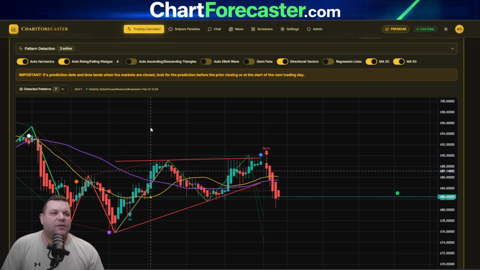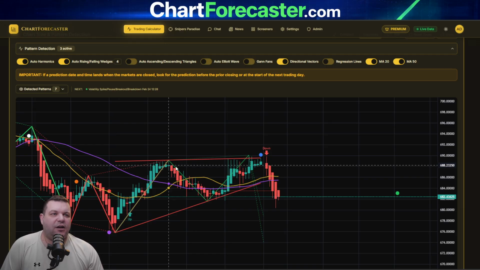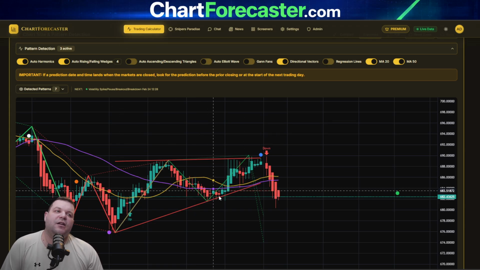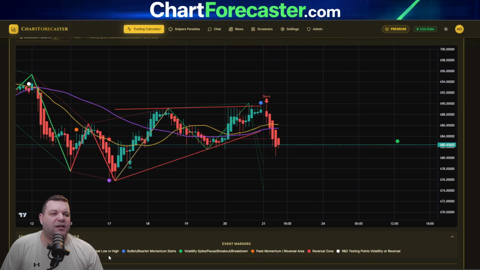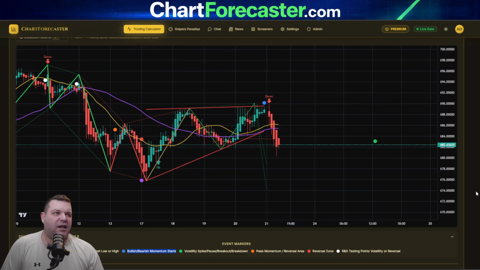And so with that said, when we look at all these different indicators, you've got the rising wedge, you've got the harmonic pattern, you've got the directional vector. I mean, you've got this event marker saying that bullish or bearish momentum will start, and then the price dumps. This is great alpha to have.